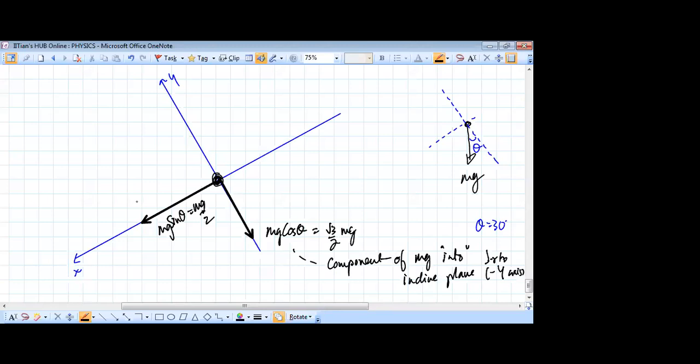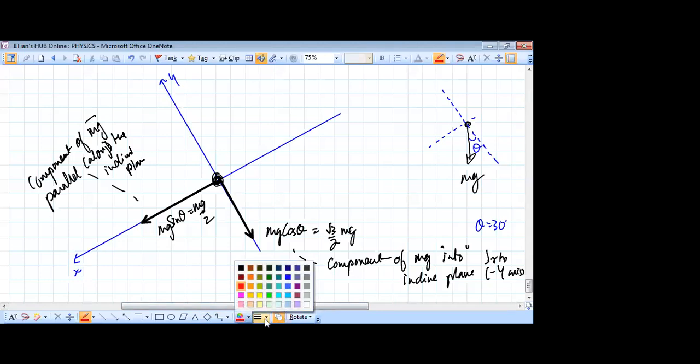And this one here, this is the component of the gravitational force parallel or along the inclined plane. ये दोनों components हैं, ठीक है. And अभी दूसरा कौन सा force था मेरे पास? Normal reaction. So that is just drawn the way it is. There was no need to resolve it.